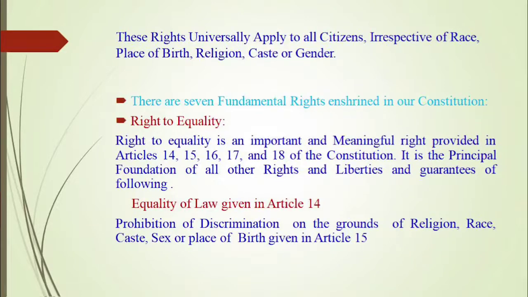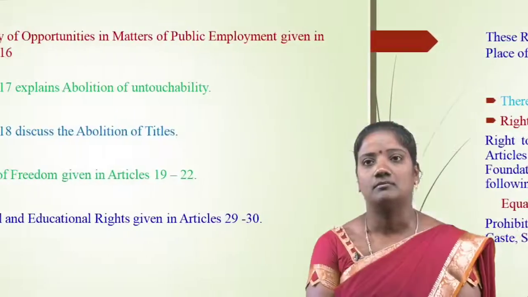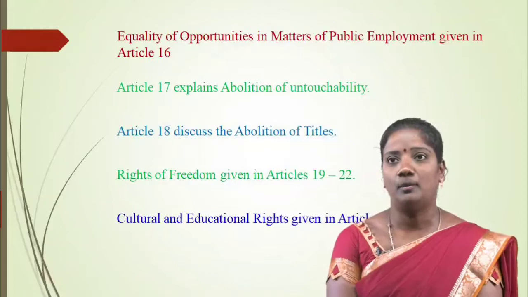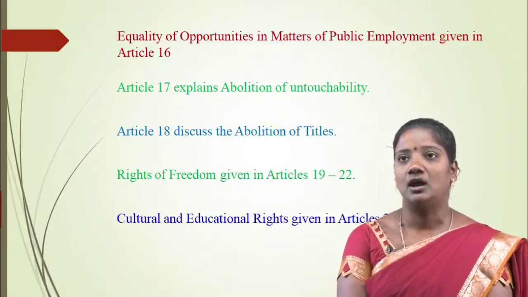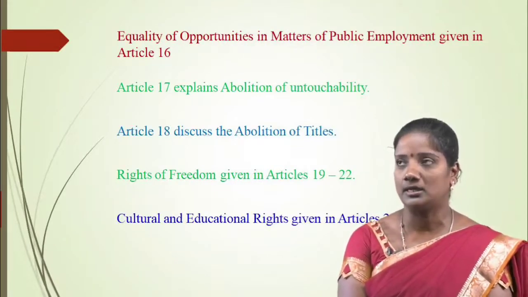It is the principal foundation of all other rights and liberties and guarantees the following: equality before law, given in Article 14; prohibition of discrimination on the grounds of religion, race, caste, sex or place of birth, given in Article 15; equality of opportunities in matters of public employment, given in Article 16.